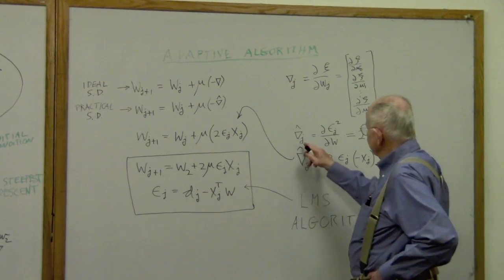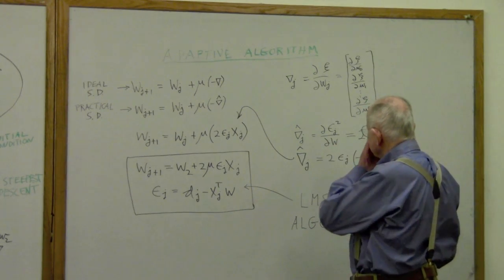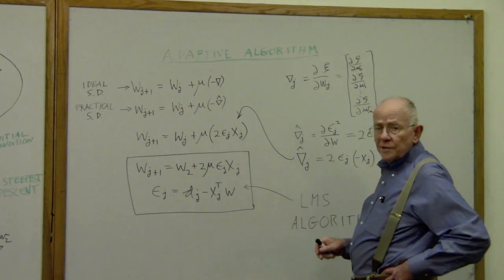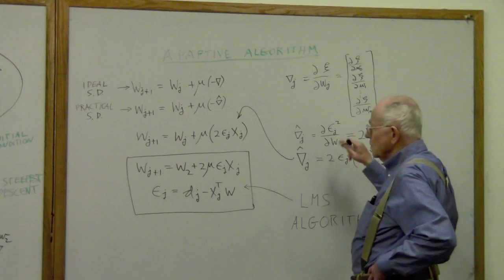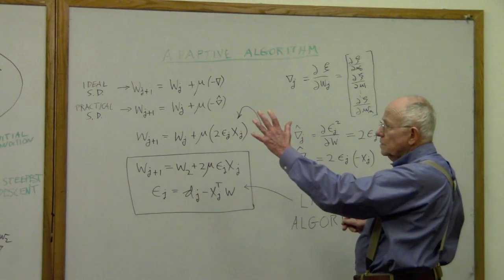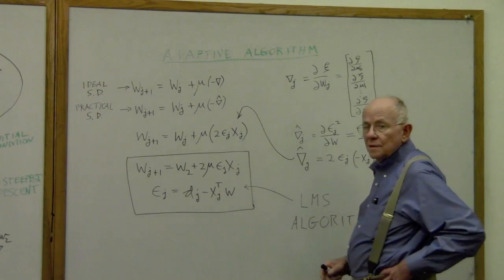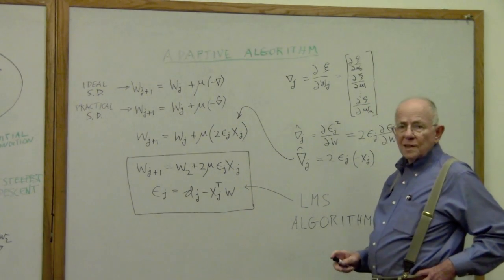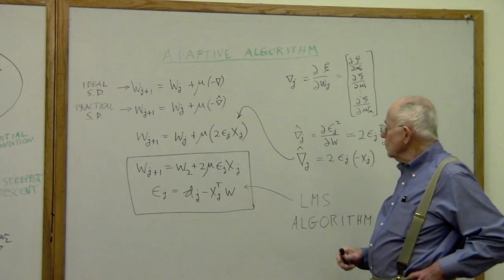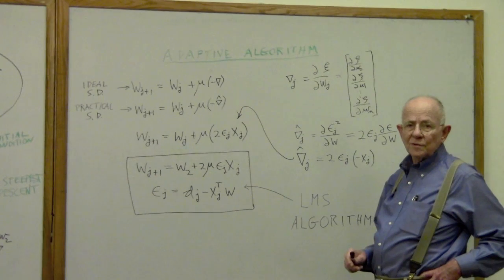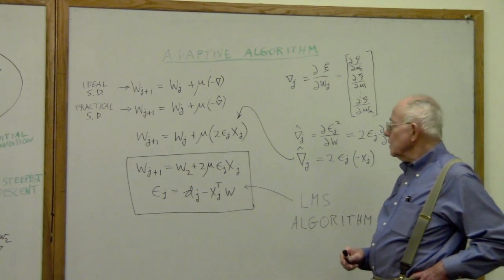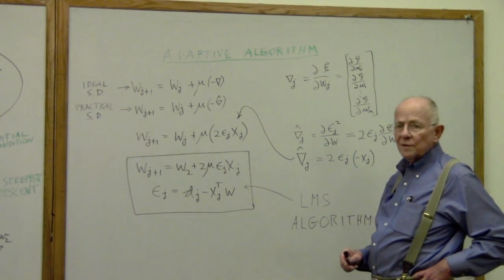For the gradient estimate, we do something very strange. We take a single value of error from a single input pattern. We take the error and we square it, and we say that's the mean square error, and we know full well that can't possibly be true, because the mean square error has to be averaged over all the training patterns.